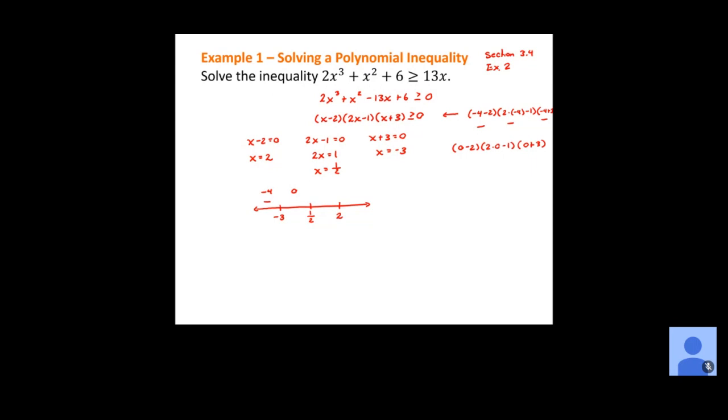Is 0 minus 2 positive or negative? Negative. 2 times 0 minus 1, positive or negative? Negative. And 0 plus 3, positive or negative? That one's going to be positive. So this time I've got 2 negatives and a positive. When I multiply all of that together, what should I get? That one's going to be positive, because we have an even number of negatives this time. So that should come out positive.